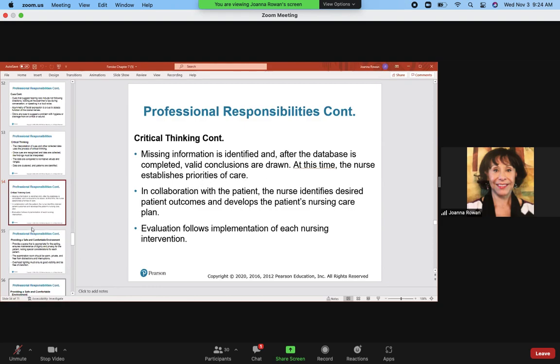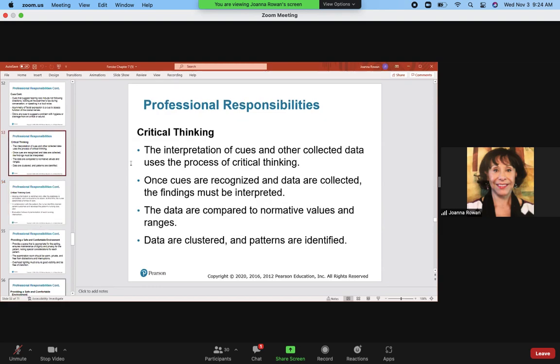So the previous slide referred to the data being compared with normative values and ranges. Once data are clustered, patterns are identified.